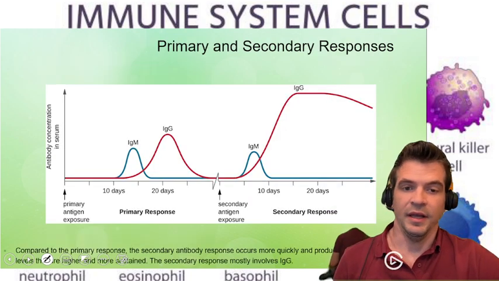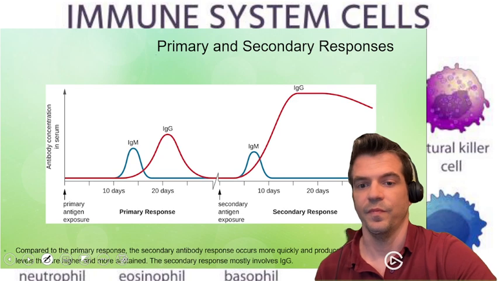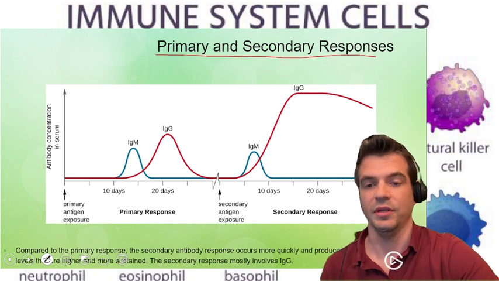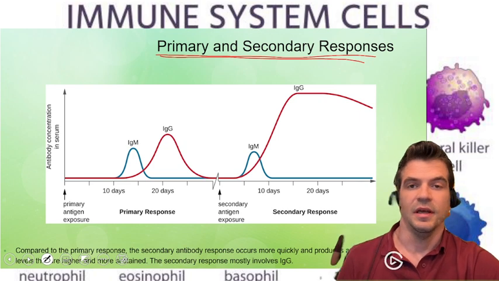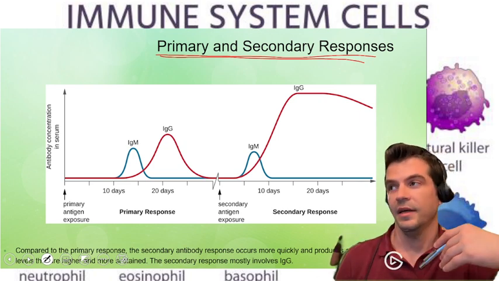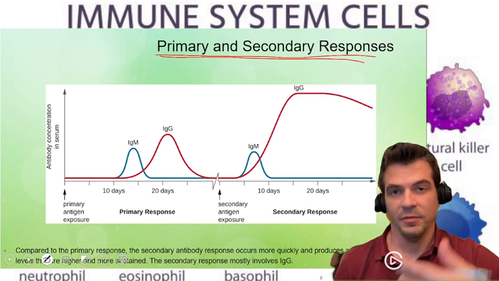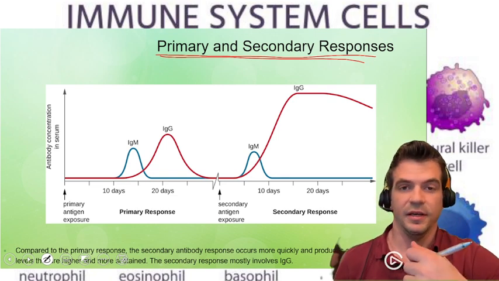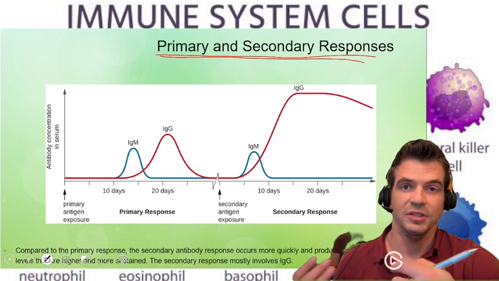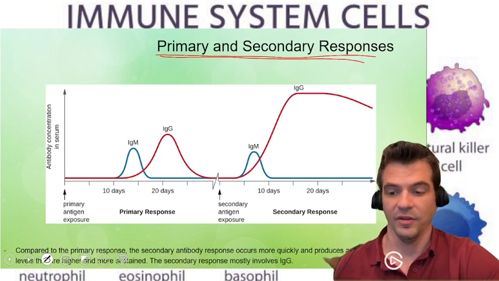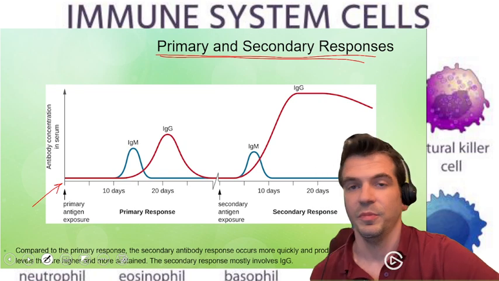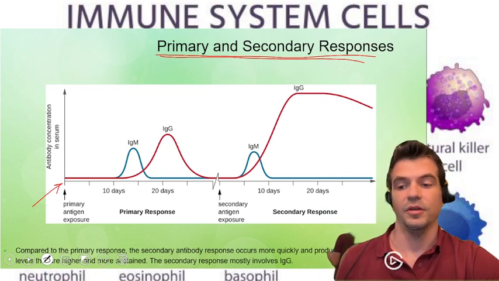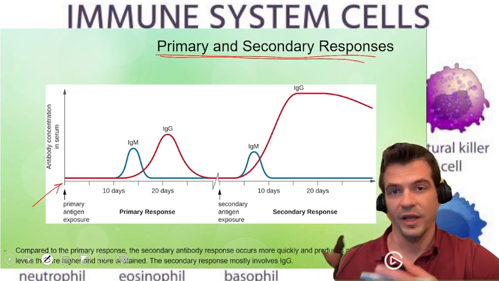Okay, and then to drive home the whole point of our secondary response, is that we have antibodies. Now we can detect antibodies in a person, and we can actually see how they're responding to a pathogen. So at the initial exposure, there should be no antibodies for that pathogen.